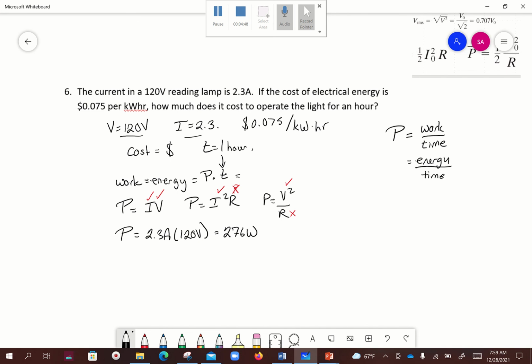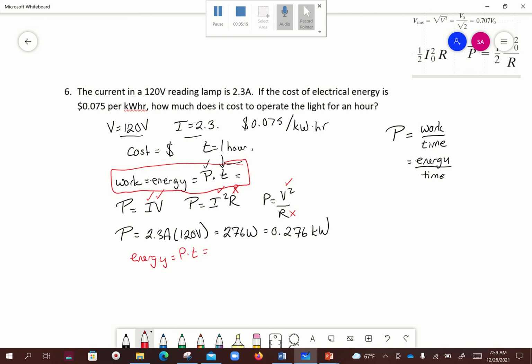And we're getting billed in kilowatts. So let me put that into kilowatts. So divide by 1,000, 0.276 kilowatts. All right, so now I've got my power and I got my time, so I can go back and I can put those into that energy equation. So my energy is equal to the power times the time.